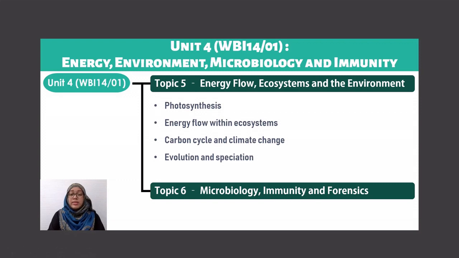So in this topic, you learn about how the energy is captured in photosynthesis and how the organisms can feed on those plants, and those organisms will be fed on, leading to this energy flow within the ecosystem, which will then be followed by the carbon cycle. So you learn about the carbon cycle and how changes to the carbon cycle can lead to global climate change.